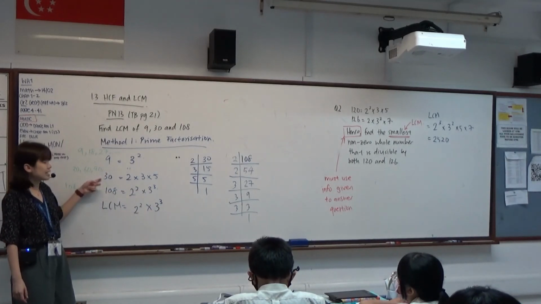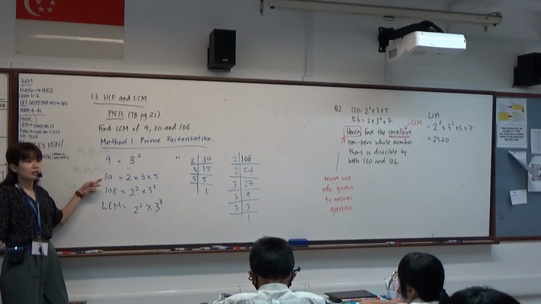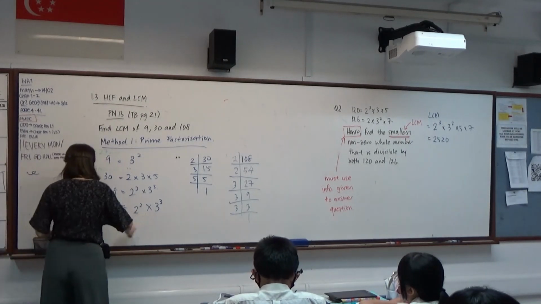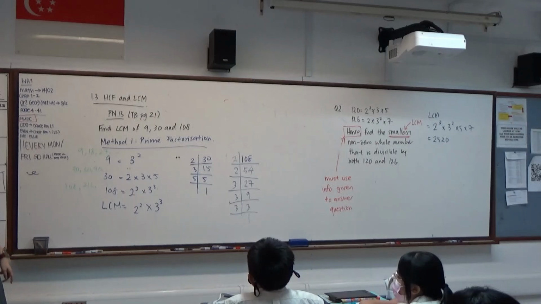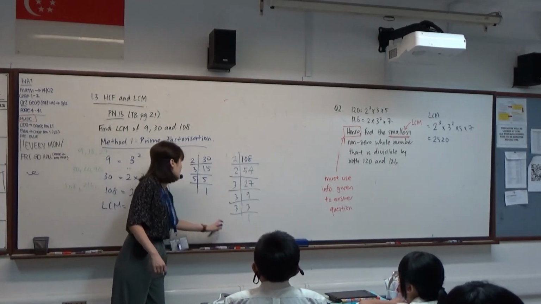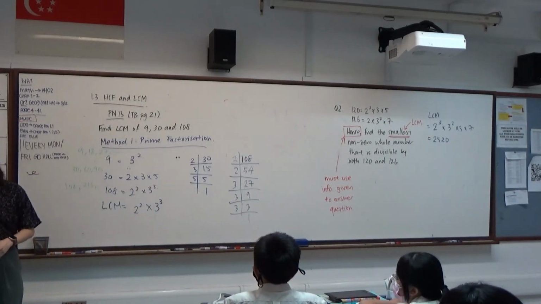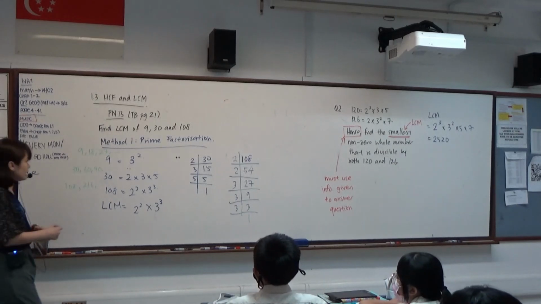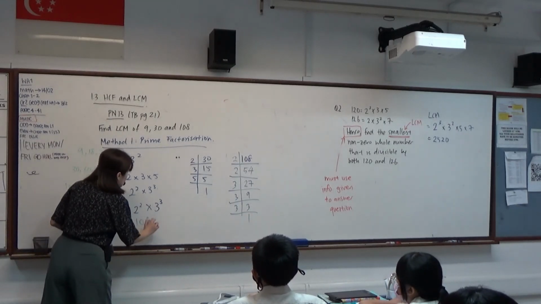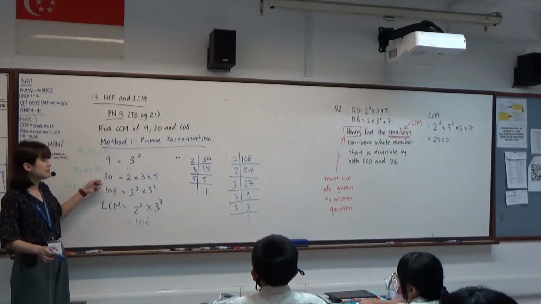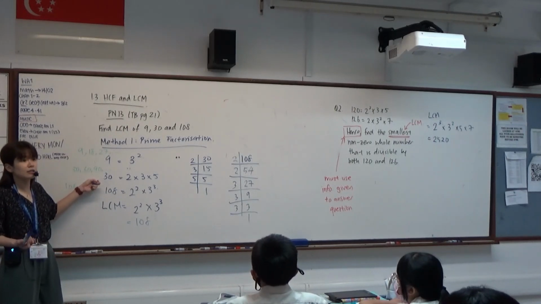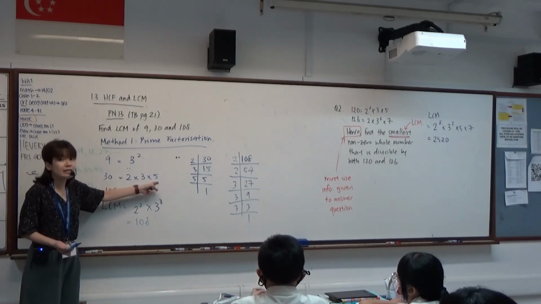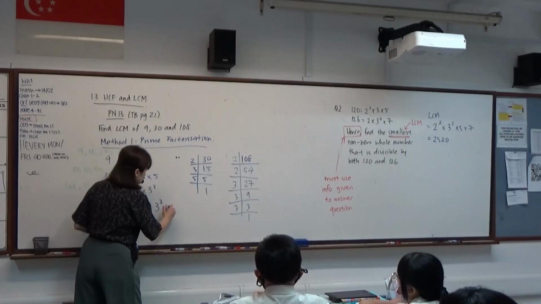In the end, my number cannot divide by 30. So for example, if I calculate this out, what do I get? 4 times 27, 108. I divide by 30. Can divide or not? Cannot, right?